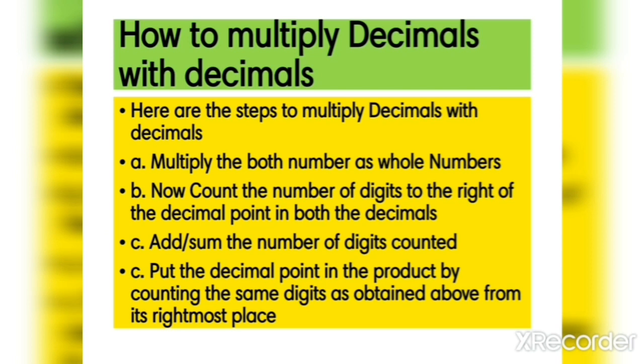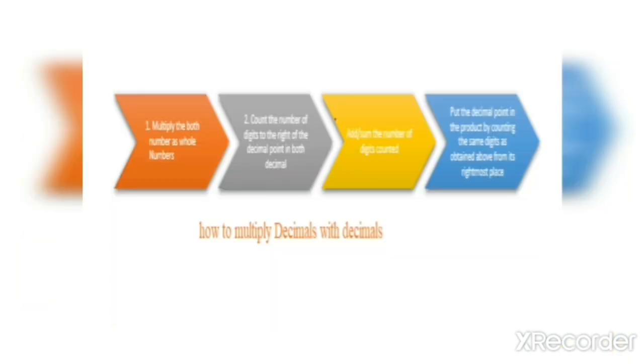Now, count the number of digits to the right of the decimal points in both the decimals. Add the numbers of digits counted. Put the decimal point in the product by counting the same number of digits as obtained above from its rightmost place. How to multiply decimal with decimal? You can understand this through the simple flow chart.